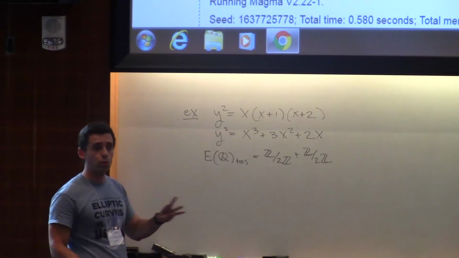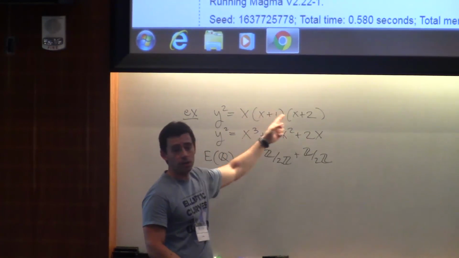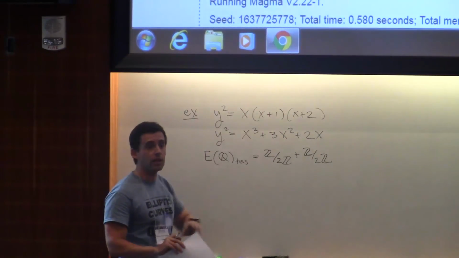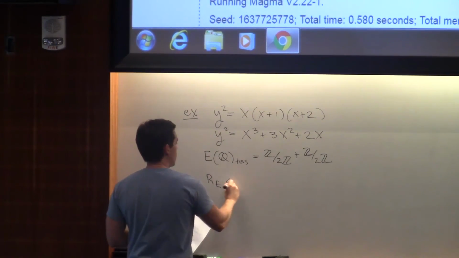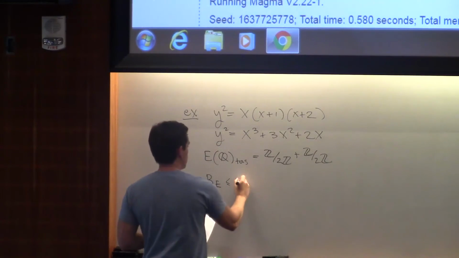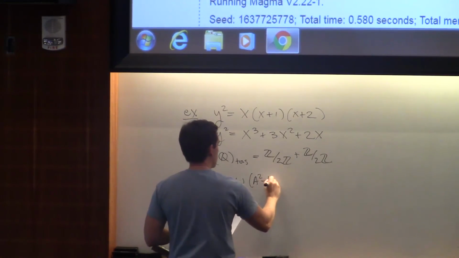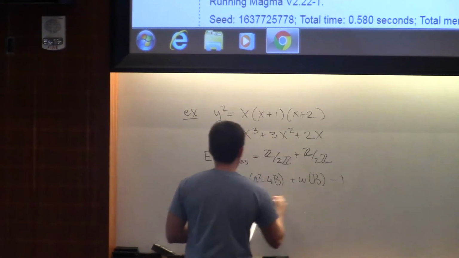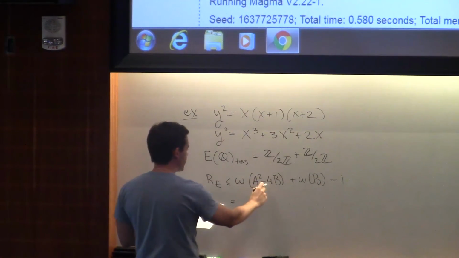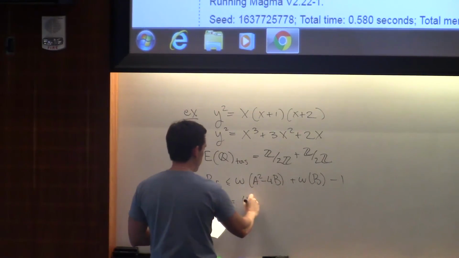There are 4 points of torsion, which is the 3 that appear here, plus the 1 at infinity. And the rank, using that bound, should be given by this formula.